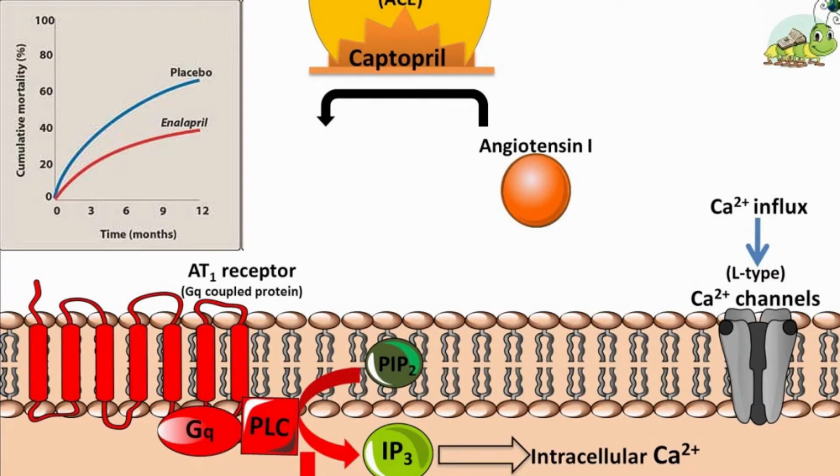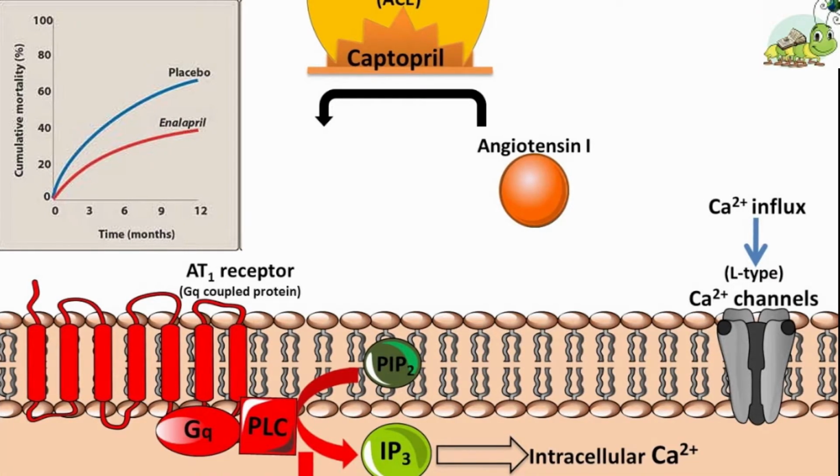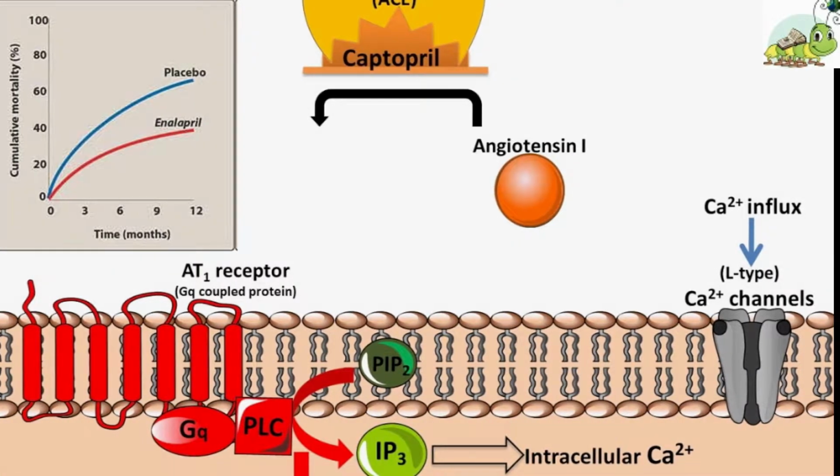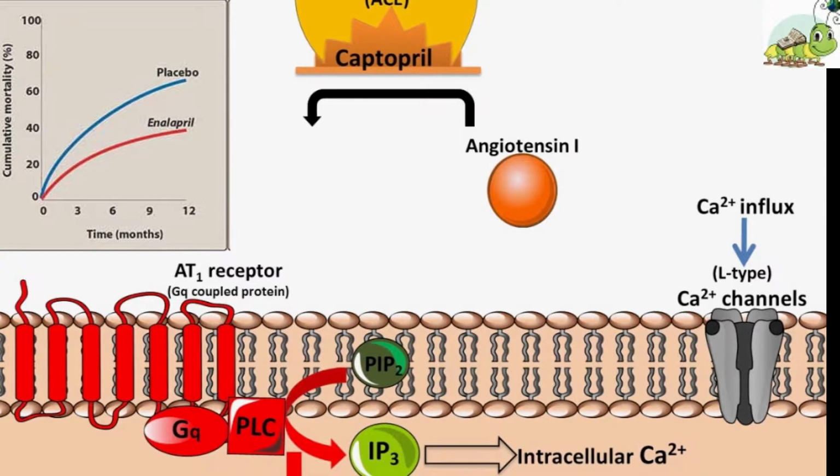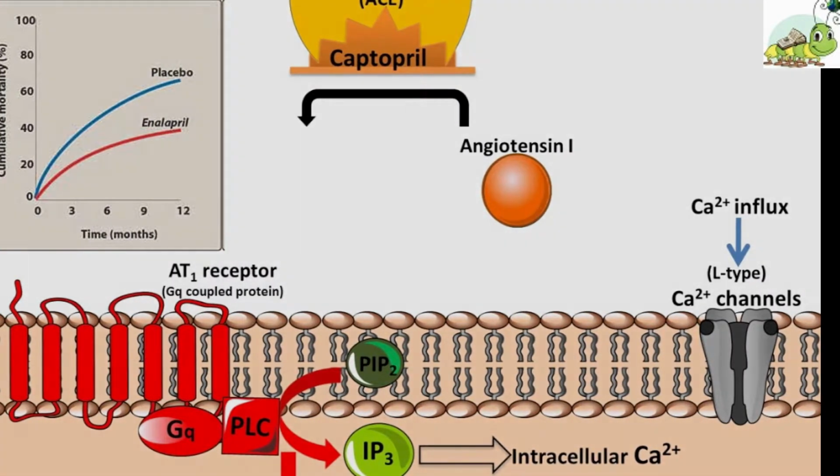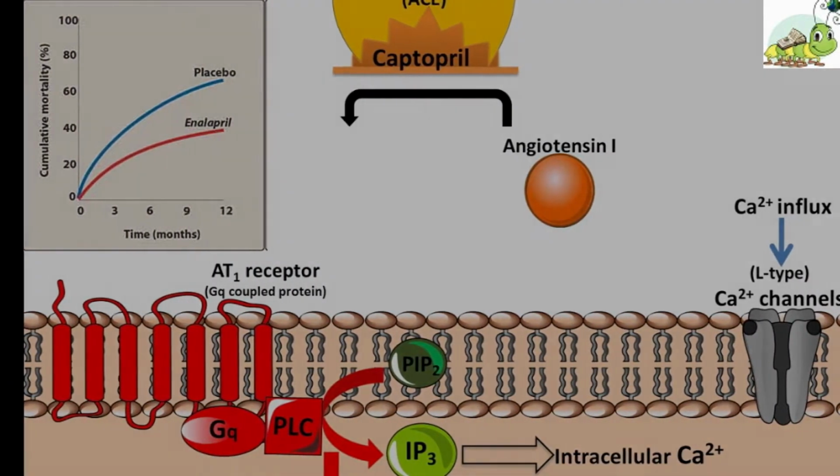The reduction in mortality is primarily due to a decrease in deaths caused by progressive heart failure. Treatment with enalapril also reduces arrhythmic death, myocardial infarction and strokes. Similar data have been obtained with other ACE inhibitors also.